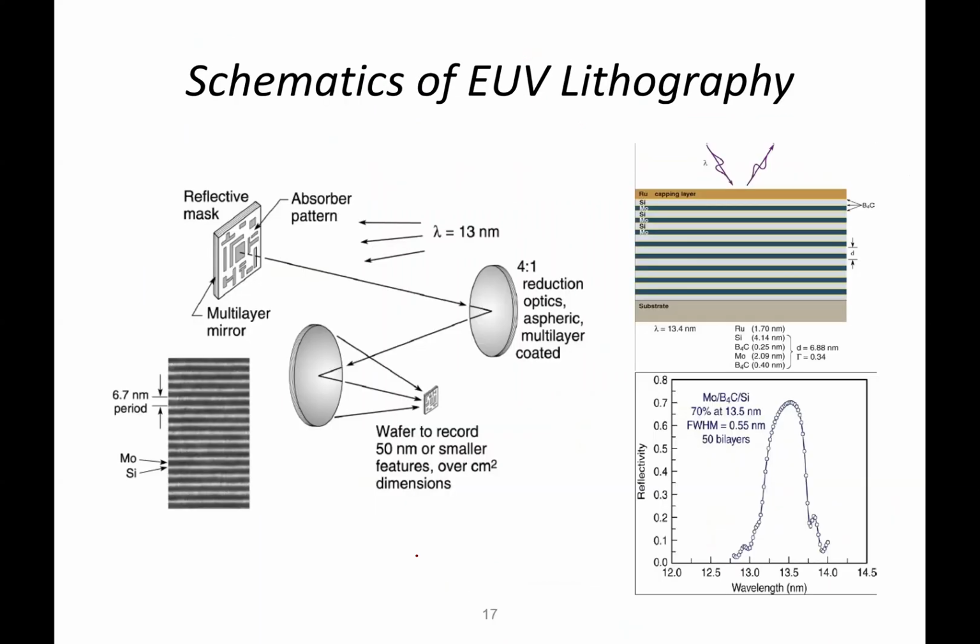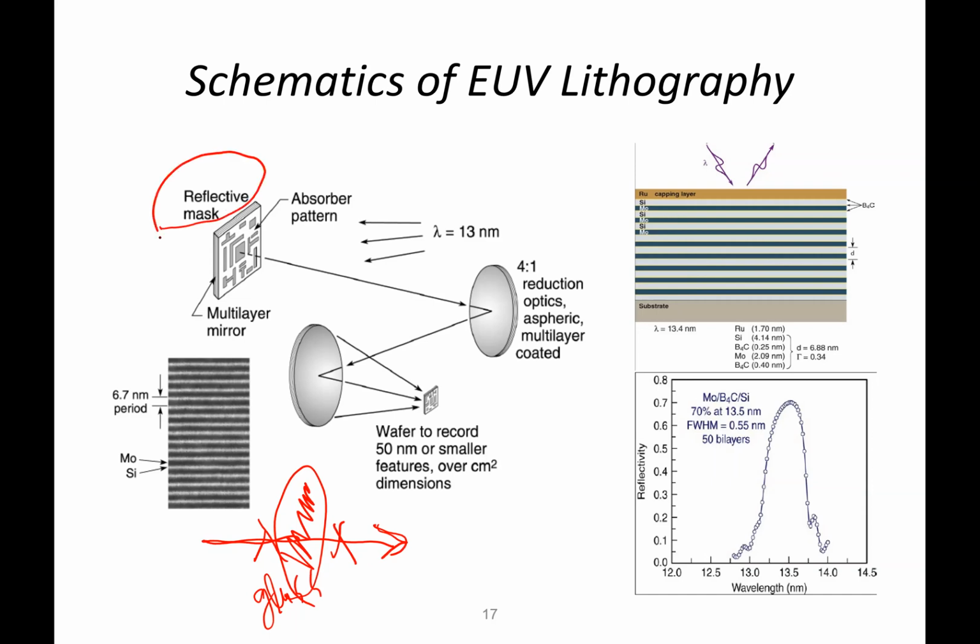But as I told you about the band gap energy, the energy of this light is far beyond the band gap energy of the glass, so it cannot penetrate through the glass. No way, it doesn't go; it's absorbed inside the glass. So for this lithography, instead of the glass mask, a reflective mask is used.